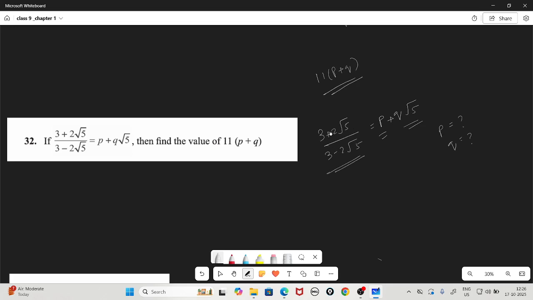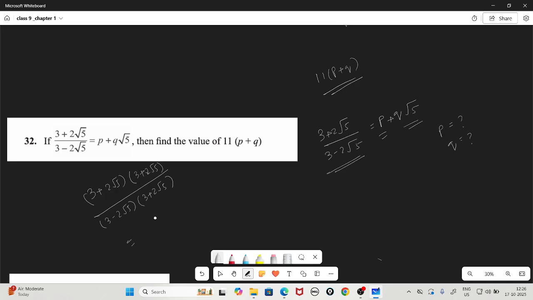Okay, now let's go for it. So how to go? Yes, you know it, we have to rationalize it. In the numerator, we multiply 3 plus 2 root 5 with 3 plus 2 root 5, because in the denominator we have 3 minus 2 root 5. Again, this is a minus b, a plus b, and the numerator is a plus b whole square.